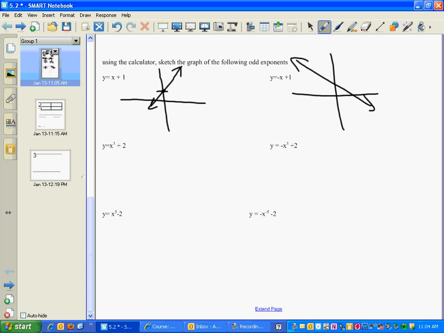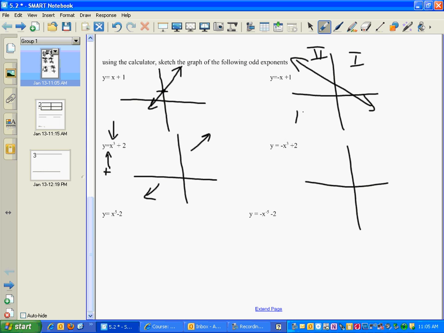So, x to the 3rd, it's odd, and it's a positive coefficient. Where are my tails? Positive. 1 and 3. Right? Because we call this quadrant 1, quadrant 2, quadrant 3, quadrant 4.